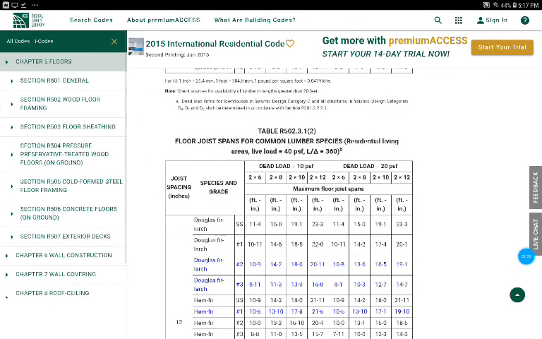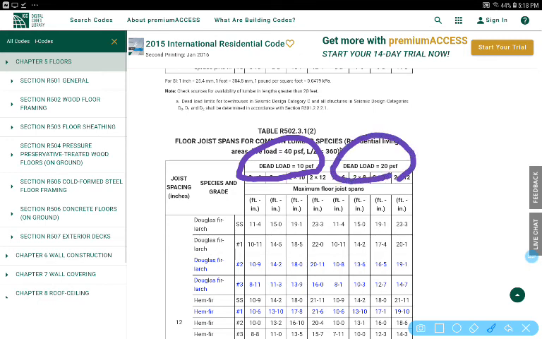And you have two things here, a dead load of 10 and a dead load of 20. Both charts are set up that way. Again, I'm going to tell you to go to the most restrictive if you don't know, but your blueprints will highlight your dead loads per square foot.